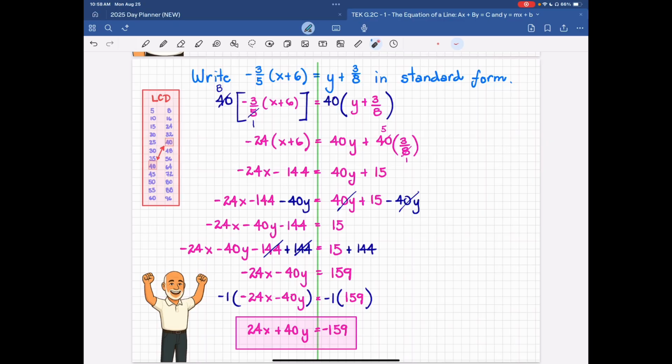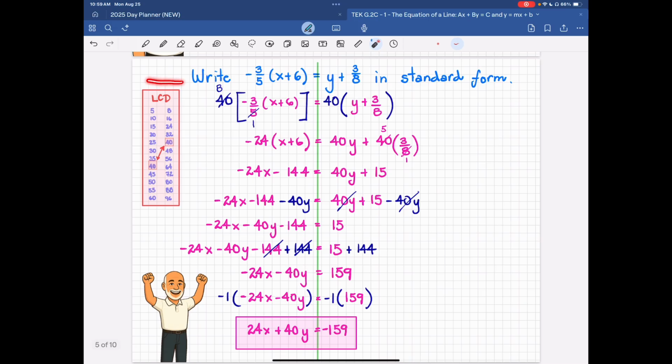Now here's the answer to the problem. So we started out with this equation right here, and we were asked to put this equation into standard form, which is ax plus by equals c. We go through our algebra, moving things around from left to right in order to get our x's and our y's on one side and our numbers on the other.